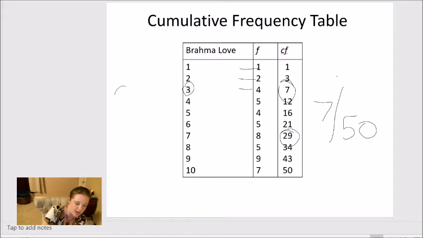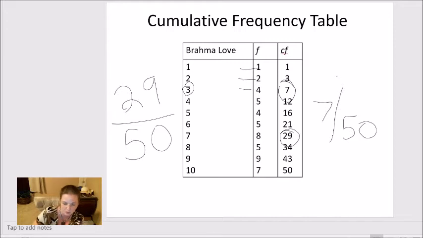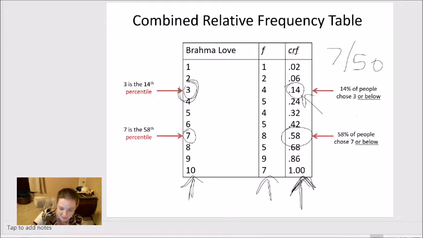And what is 29 divided by the total number of people? Because there are 50 people. 29 divided by 50 is, you guessed it, 0.58.